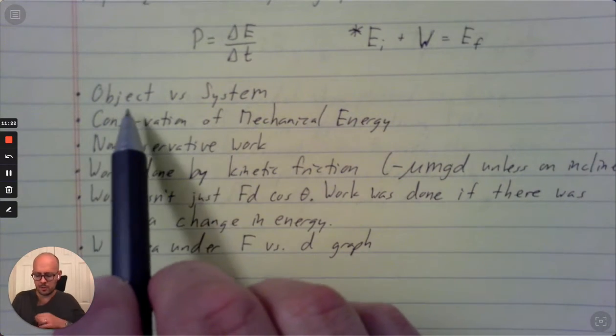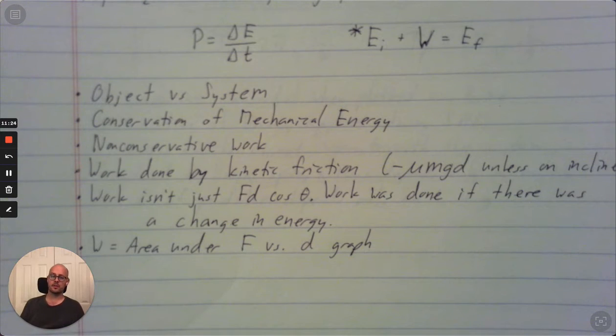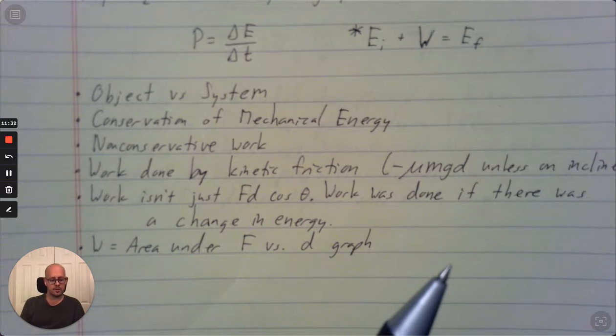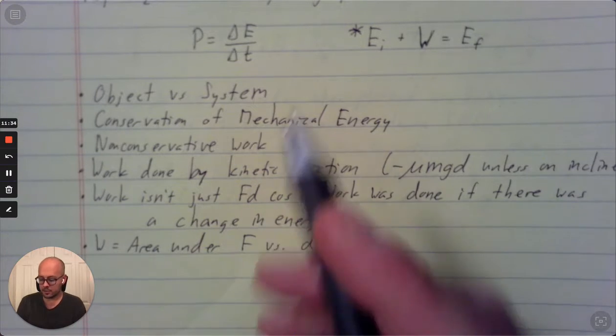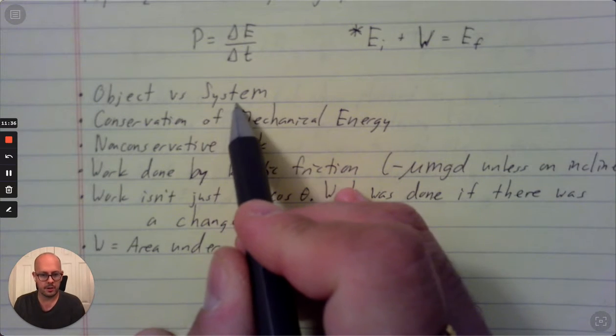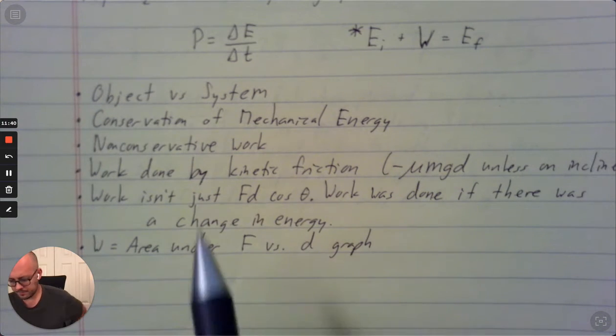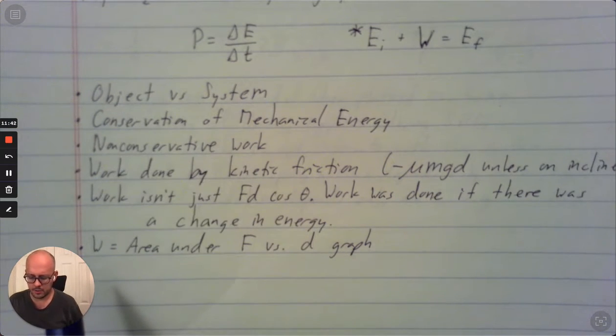If you're dealing with an object, then the only thing you can consider is the kinetic energy of the object. But if there's a system that includes the Earth or a spring, then there can be potential energy. And so knowing whether you're told to analyze an object or a system is very important.